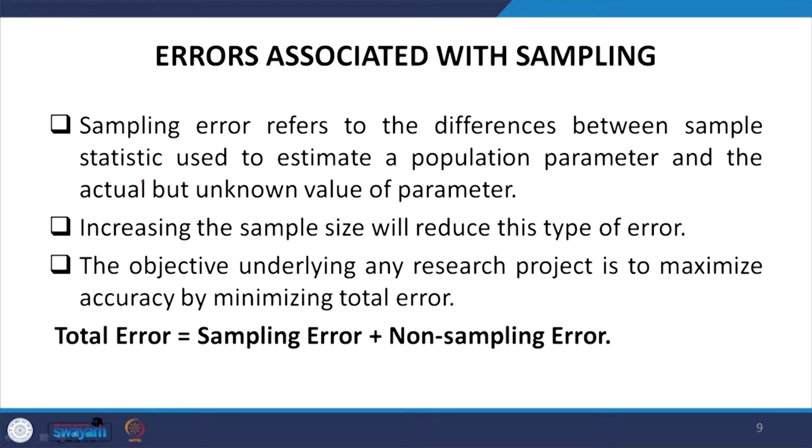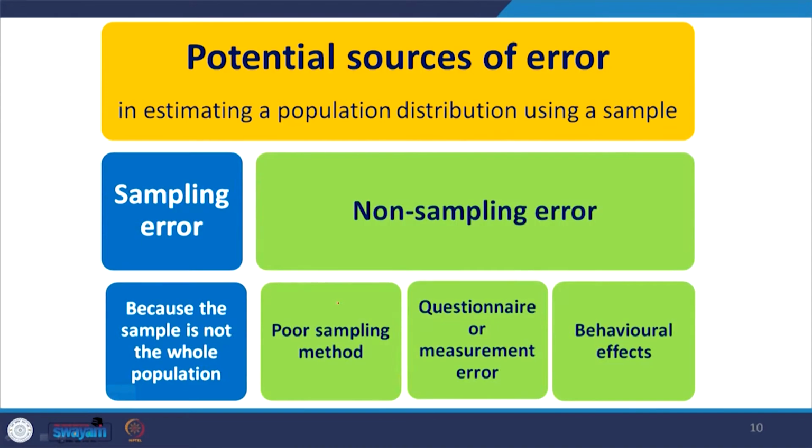We have already discussed that the objective underlying any research project is to maximize accuracy by minimizing the total error. When the error is lesser, we are able to maximize our accuracy. So, the total error is basically derived by adding sampling error and non-sampling error.